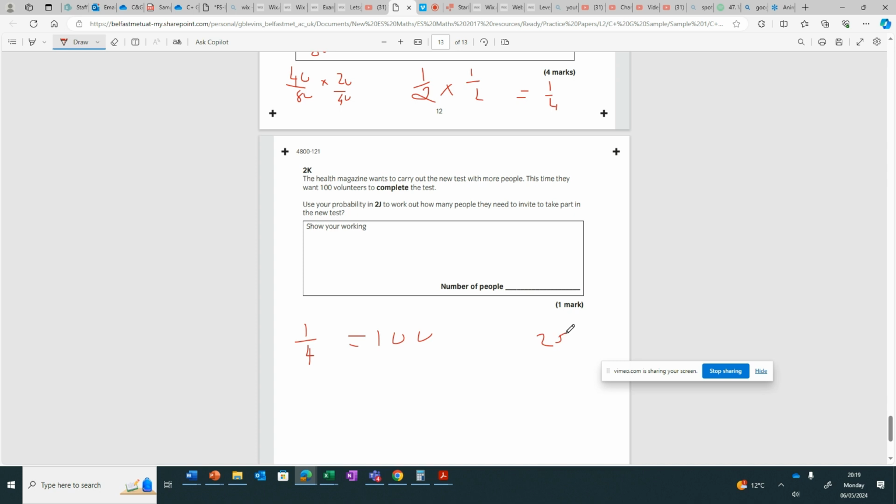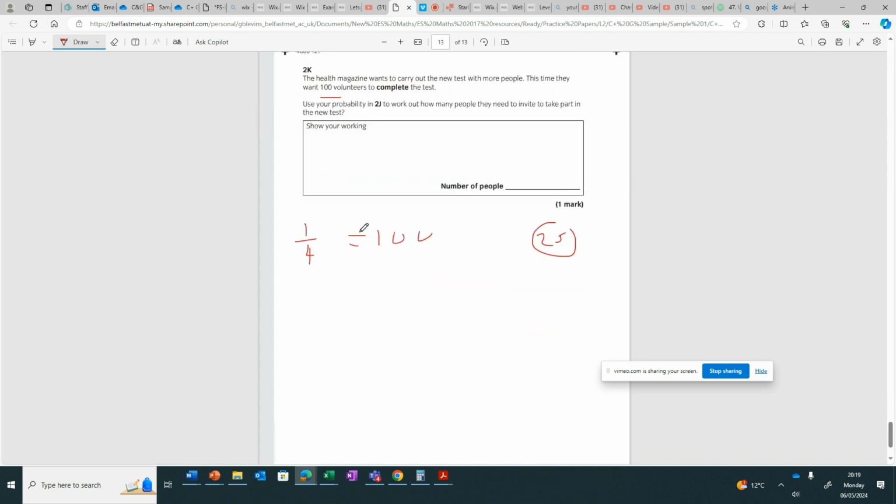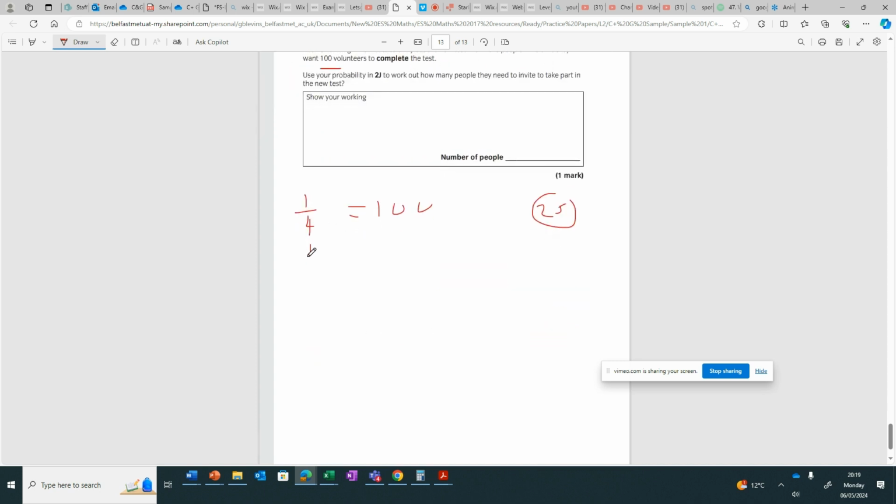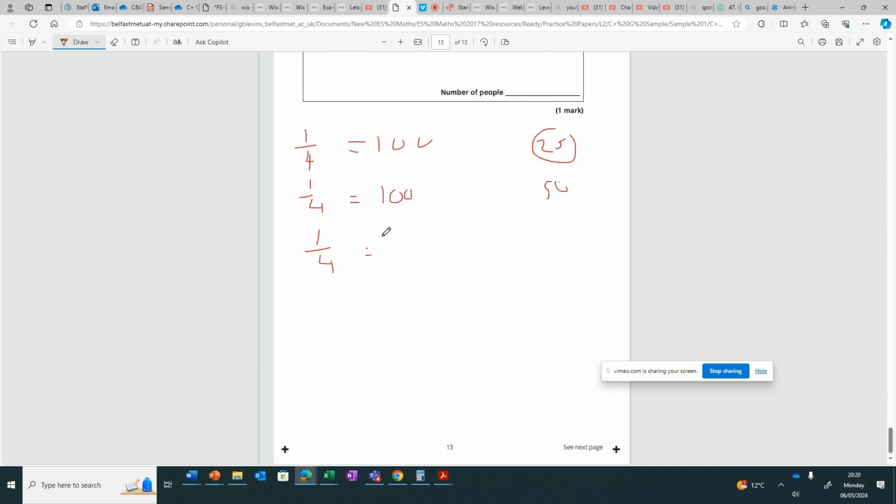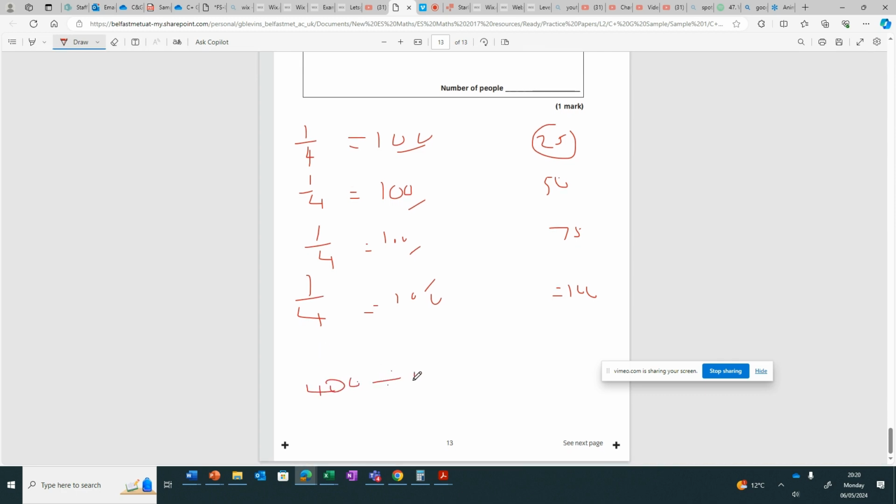Well, another 1/4 will be 50. Another 1/4 will be 75. Another 1/4 would be 100. So that's 1, 2, 3, 4. 400 people they need to ask. Let's test it. 400 divided by 4 for a 1/4 is 100 people completing. So the number of people they ask is 400.